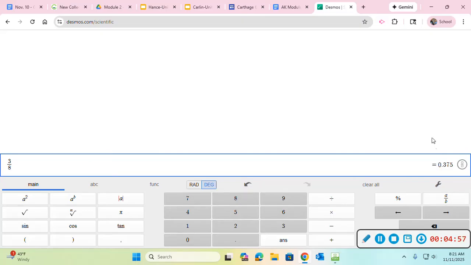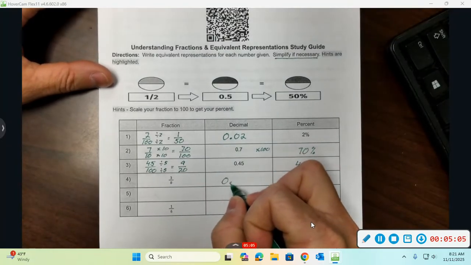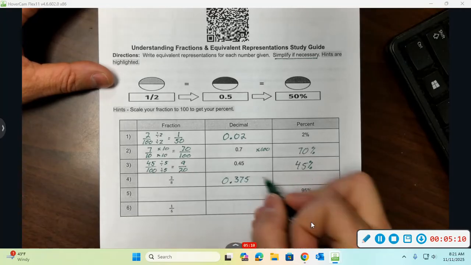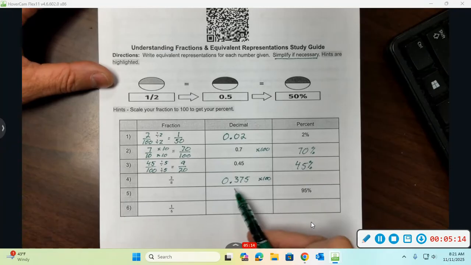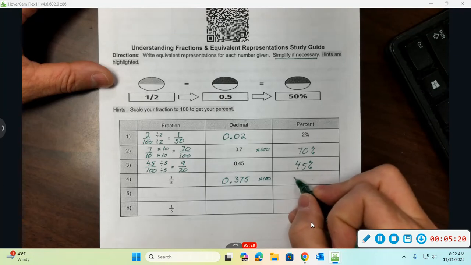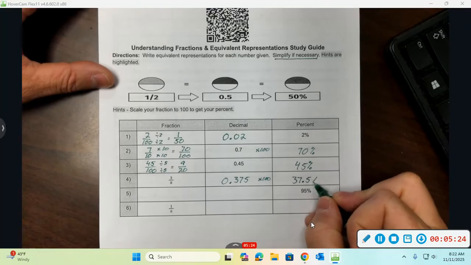My decimal is 0.375, and then to turn that into a percent, I could multiply that by 100. When I multiply that by 100, it moves the decimal 2 jumps to be between the 7 and the 5. So then my percent is 37.5%.